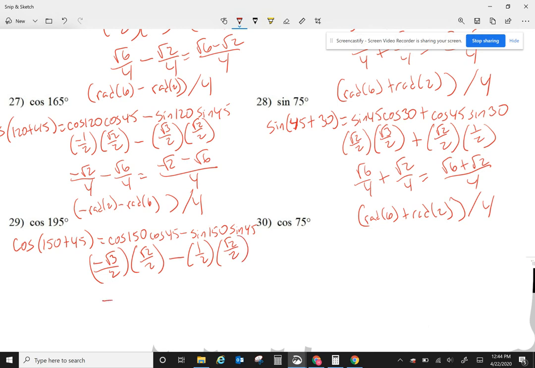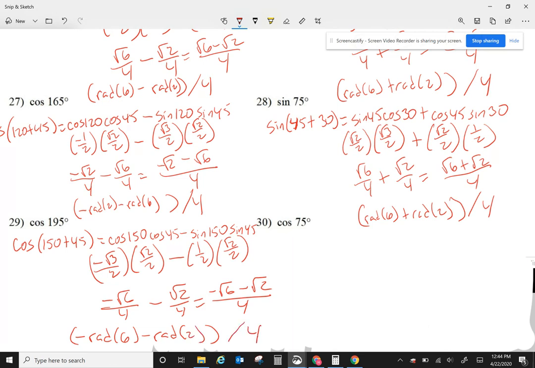So I have negative radical 6 over 4 minus radical 2 over 4. So that is basically negative radical 6 minus radical 2 all over 4. The way I'm going to type this, a big parentheses for the top, negative radical 6 minus radical 2 all over 4.